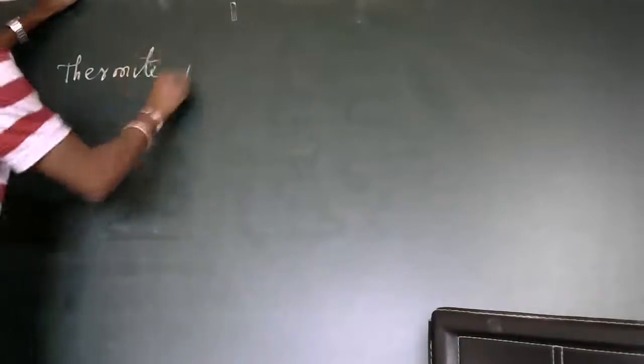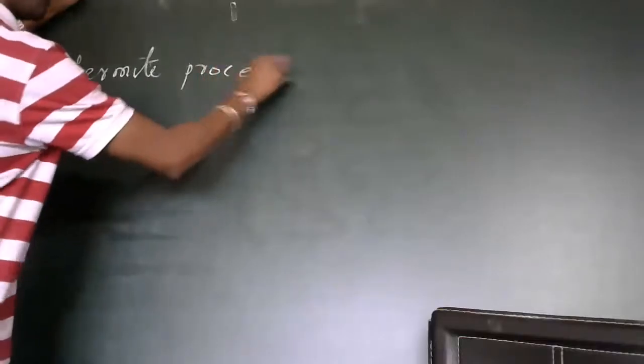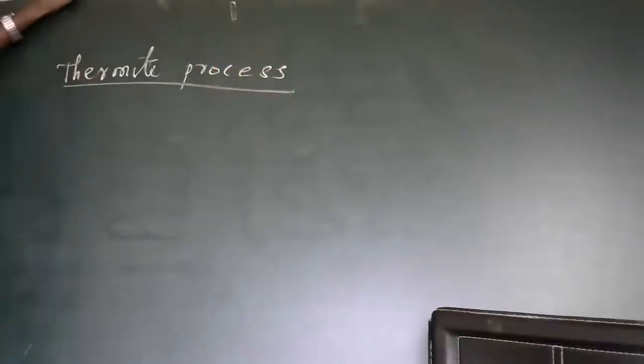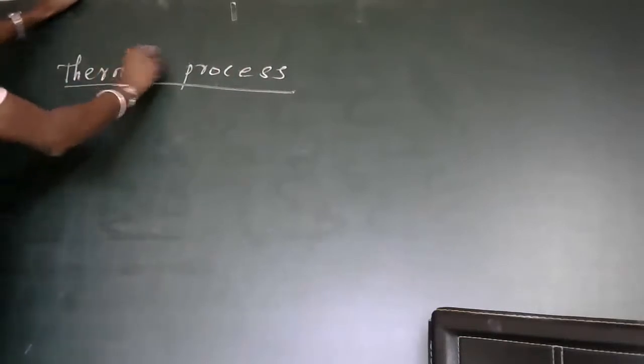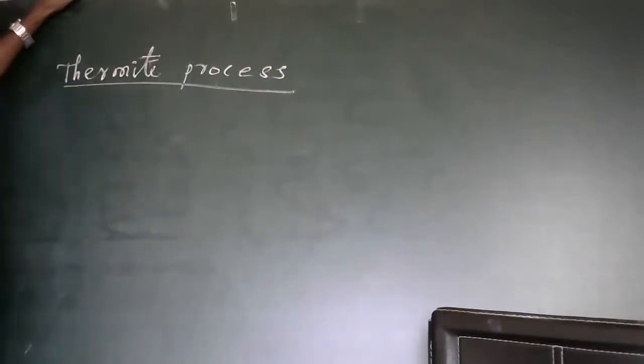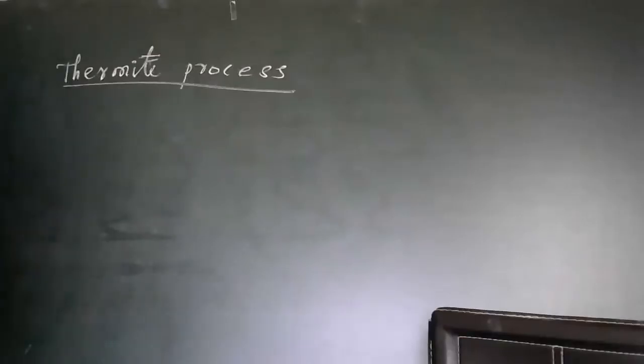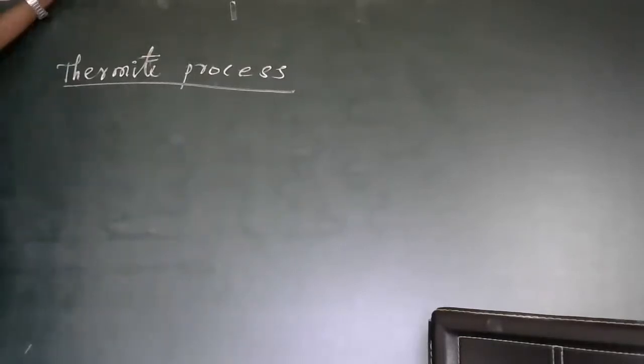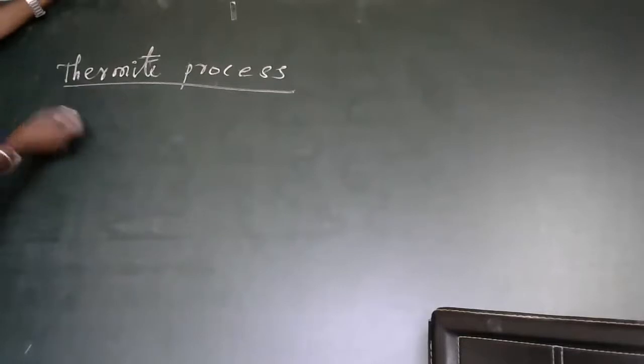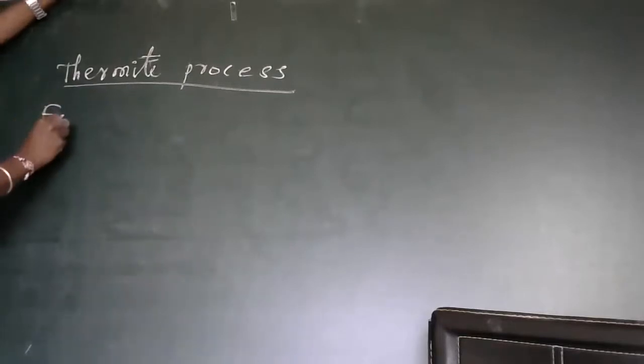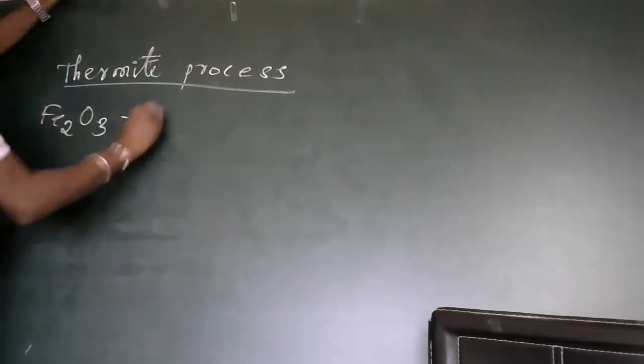So one more important concept is the thermite process. This is again a displacement reaction. The thermite reaction happens between Fe2O3 and aluminum.